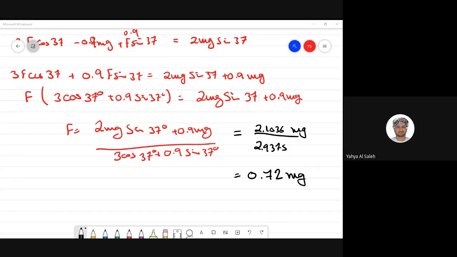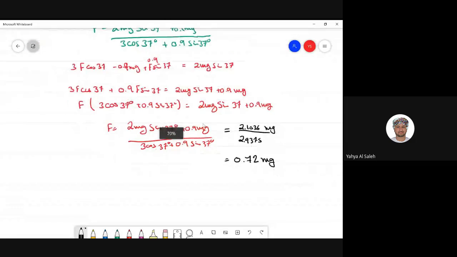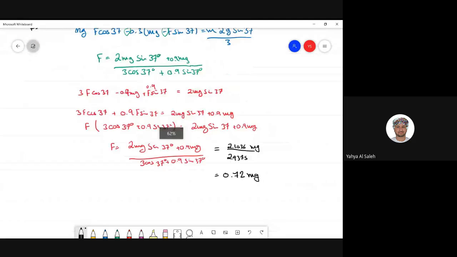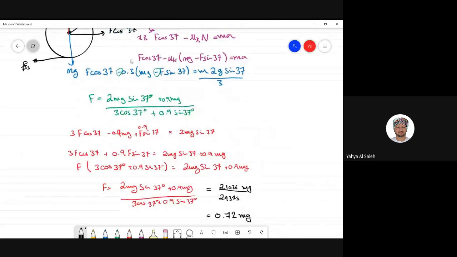I can't find it. If I found it, I'll tell you. I'll upload the thingy.